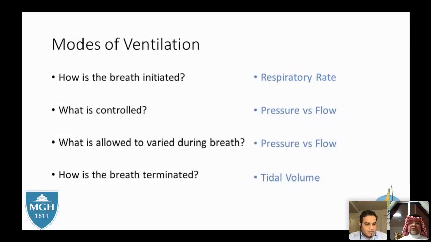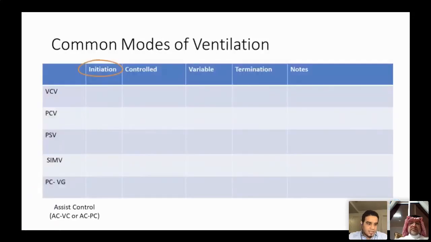Now that we have reviewed the basic concepts, let's start talking about the differences in modes of ventilation. To understand the difference between modes of ventilation, if you're able to answer these four questions, you will be able to understand exactly what mode of ventilation you are dealing with. So here's an example.